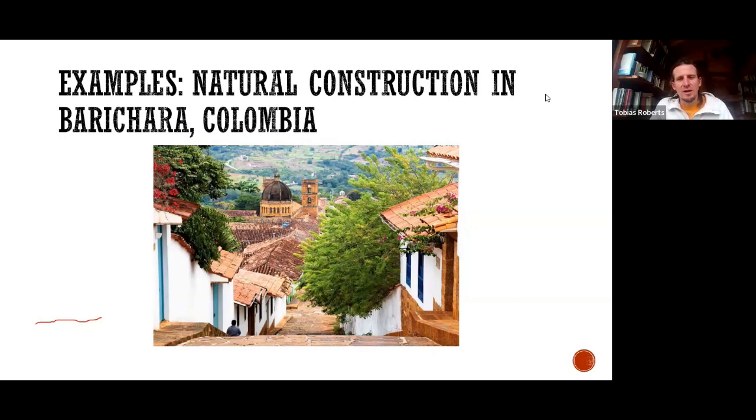About 20 years ago, people started making a little bit more money. There were people in the community who had migrated to Bogota, which is the capital, and started bringing back money. And there was this idea, we need to adopt the new technologies of building. Let's start to build using cinder blocks and cement because that's new, that's novel, that's what modern day people do.